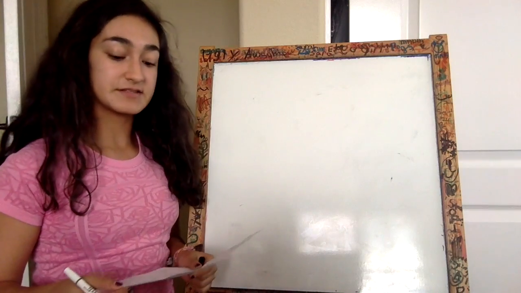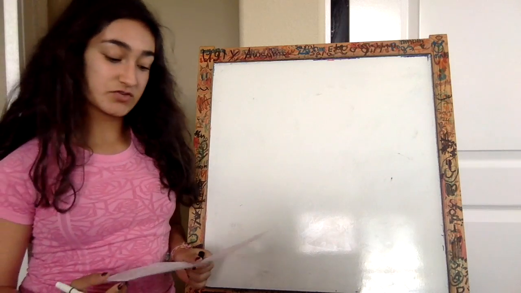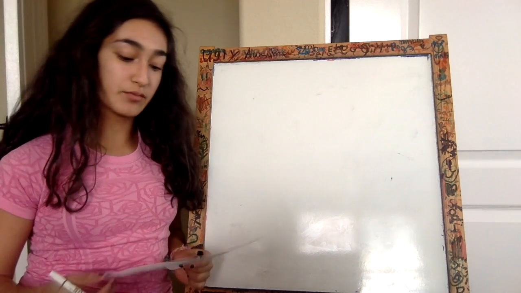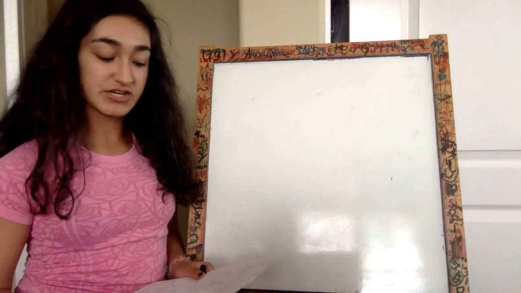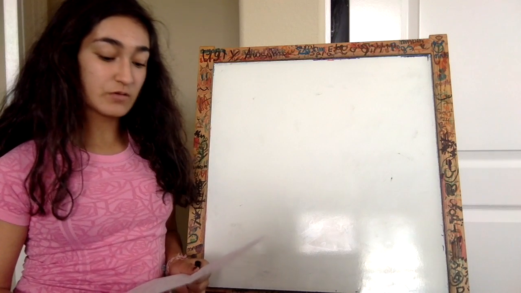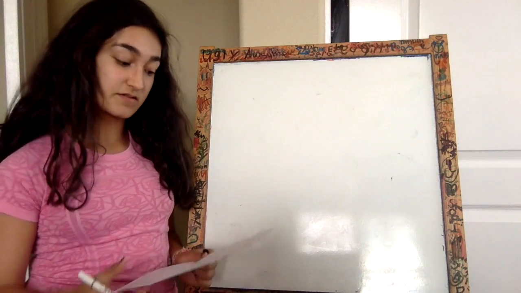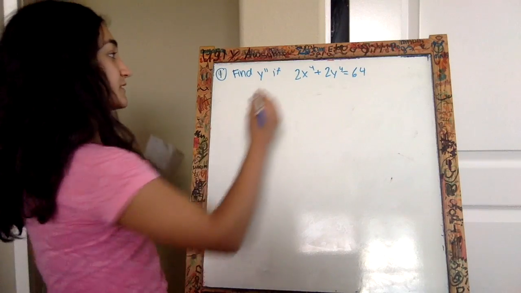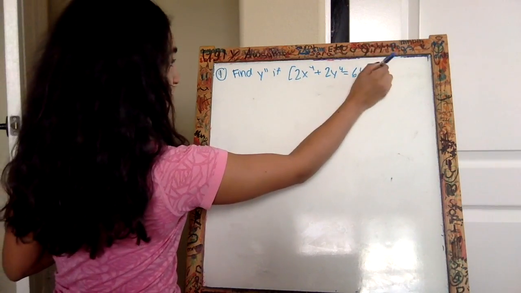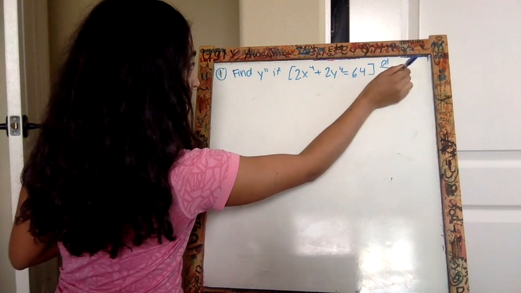So in some cases, we will be asked to find the second derivative of a function, or y double prime, using implicit differentiation. So in this case, we first need to find the first derivative and then differentiate that to find the second derivative. What we did with the previous problems is we're first going to differentiate both sides.